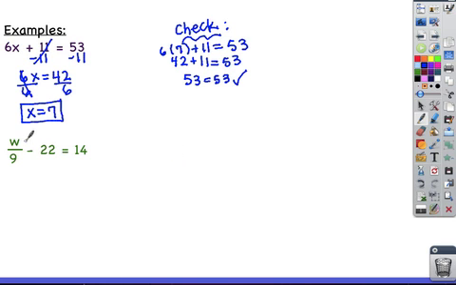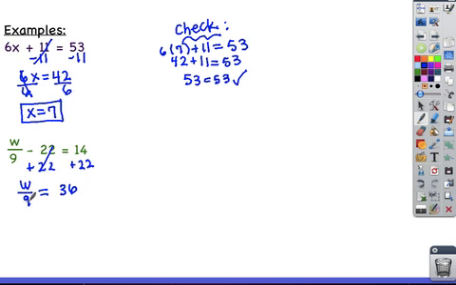Now for number 2. We have w divided by 9 minus 22 equals 14. Our first step is to undo addition or subtraction, so we're going to add 22 to both sides. And we're left with w divided by 9 equals 36.